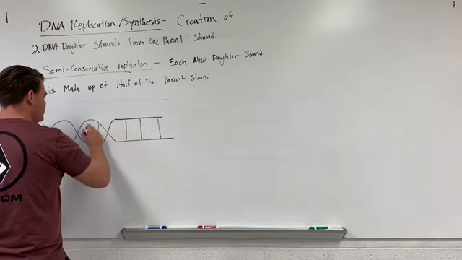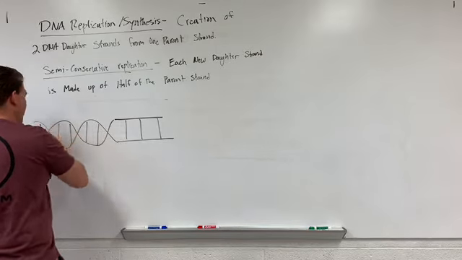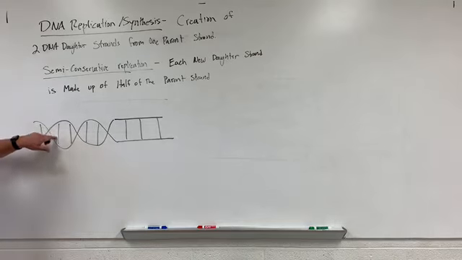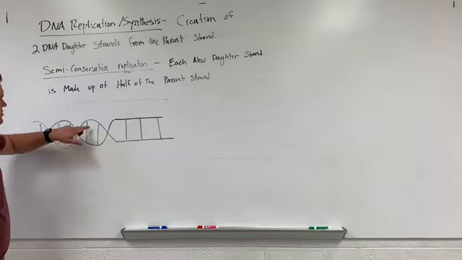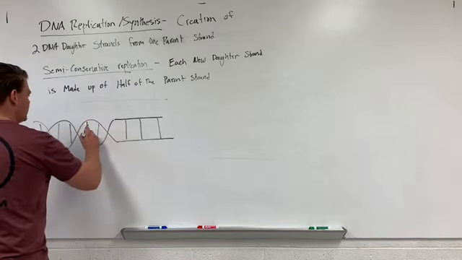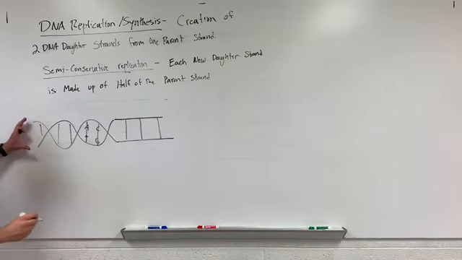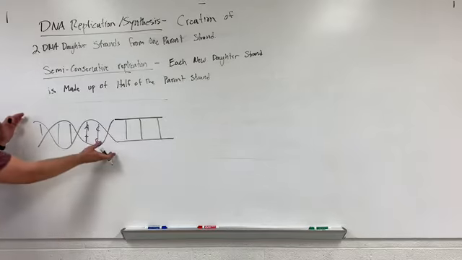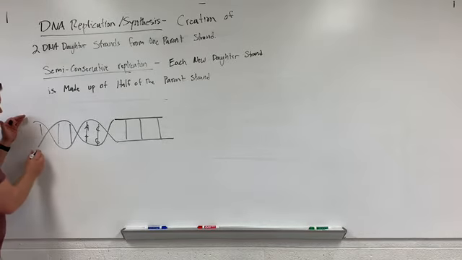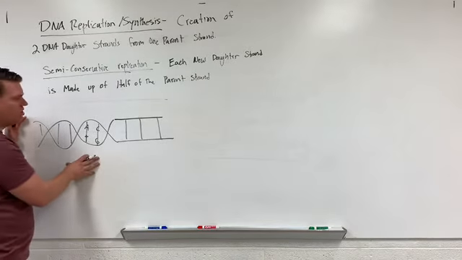So when we draw our DNA like this, and we're not showing our A, T, C's, and G's, these lines represent our base pairs. So you can imagine there's an A and a T here, or a C and a G, right? We don't know exactly what it is, but we're just kind of showing it that way. So when we do it like this, we know it's in double helix form, and this is how we see our DNA majority of the time.